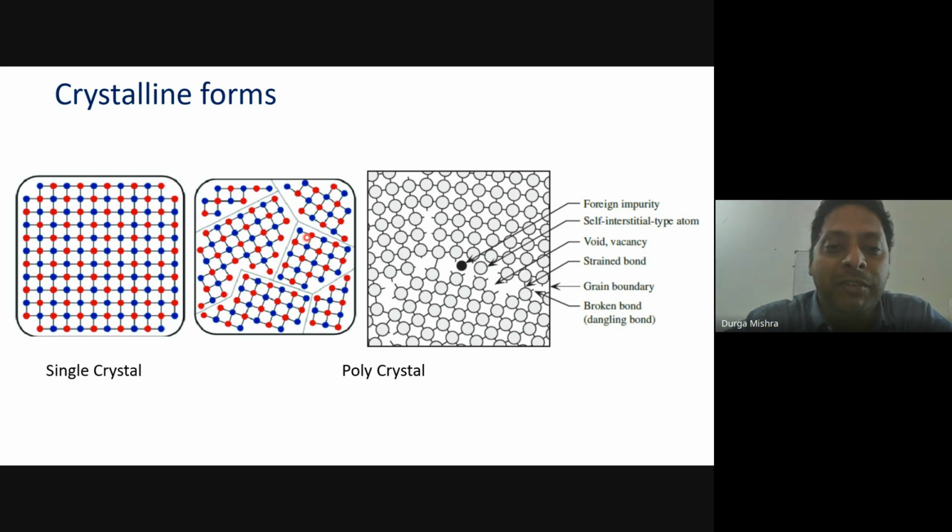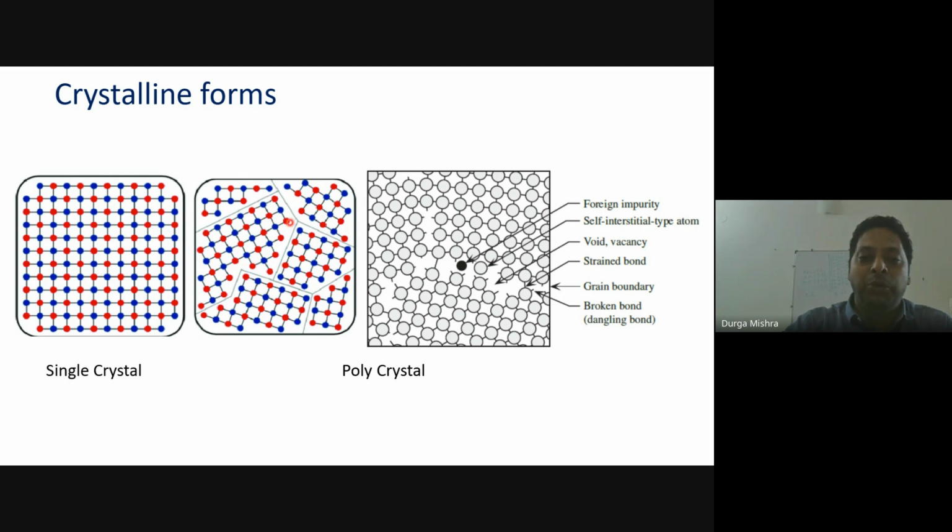And when they grow and eventually meet, that means you finally form the solid material. So they will form these different orientations. If you look at one particular region, it looks like a single crystal, but when you move across, the orientation changes. So the atomic planes are now oriented in a different direction, and this is what we call a polycrystal.